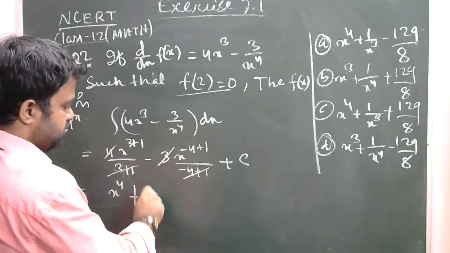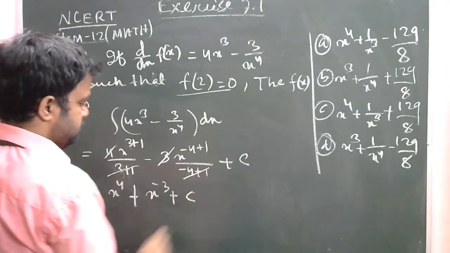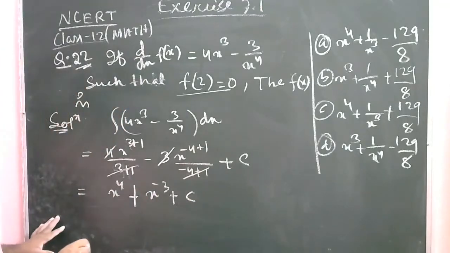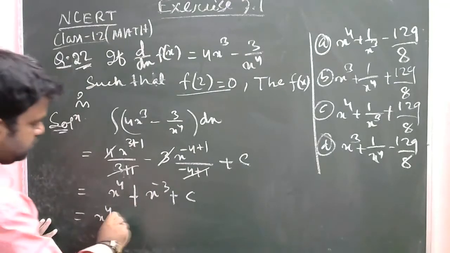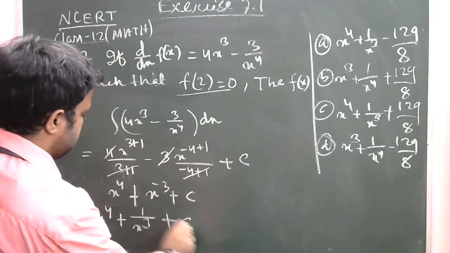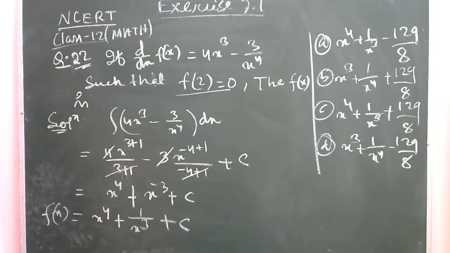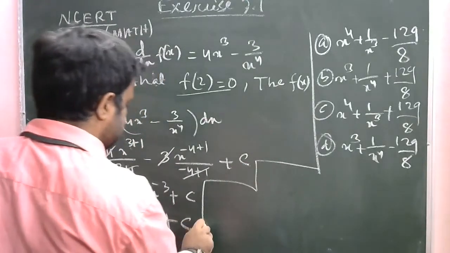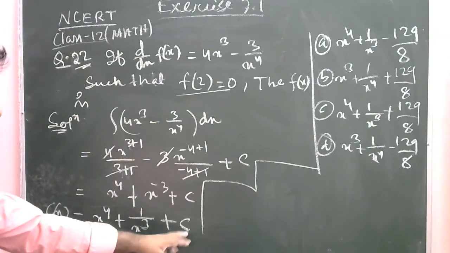Minus 4 plus 1, x to the power minus 3, plus C. Or you can write this as x⁴ plus 1 upon x³ plus C. So this is your f of x, this is your function. But we do not know C.